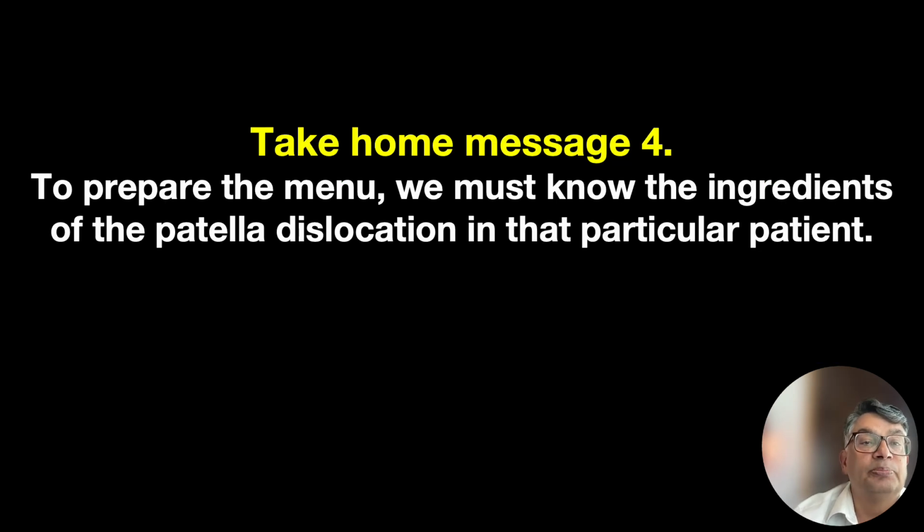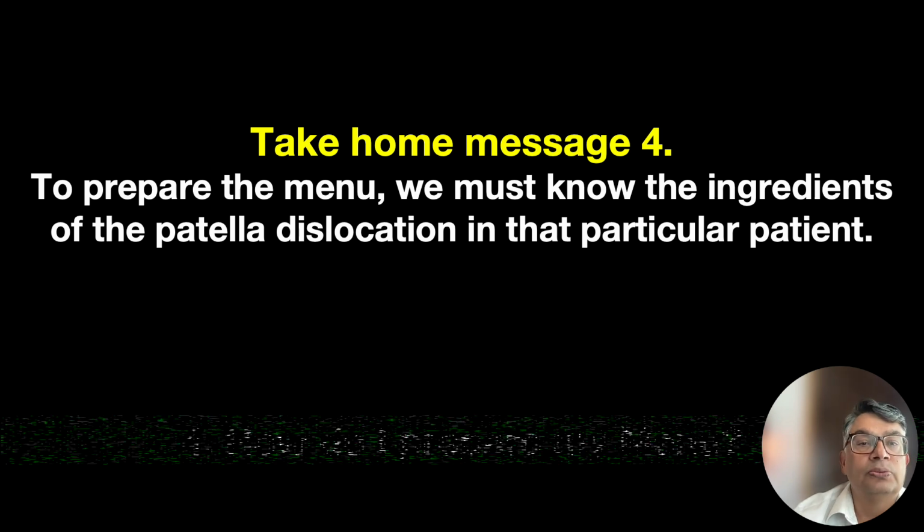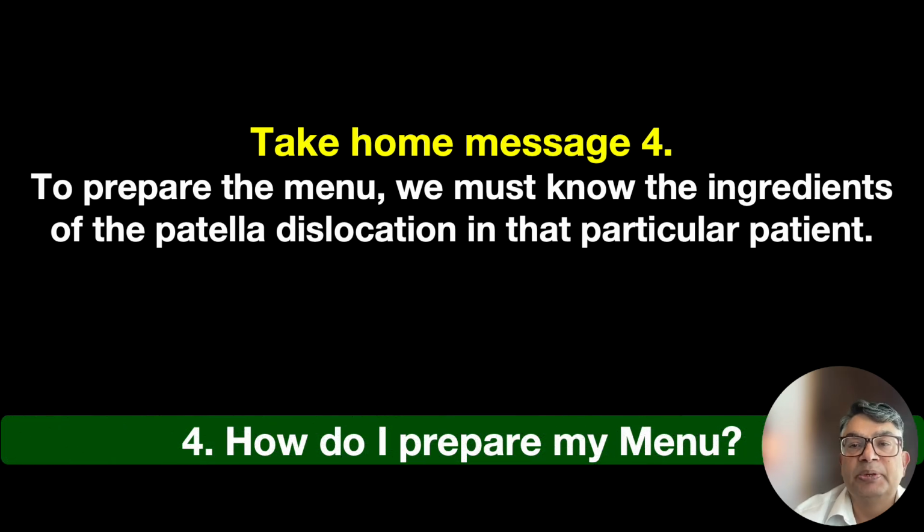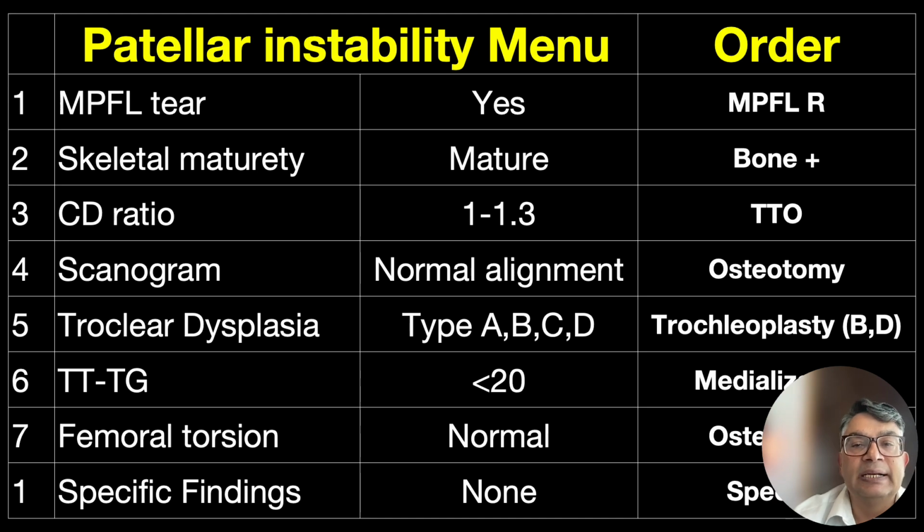So the fourth take-home message is to prepare the menu. We must know the ingredients of the patellar dislocation in that particular patient. How I prepare my menu is most important. So this is my menu. This is a standard format I always use in all of my patients of patellar instability.